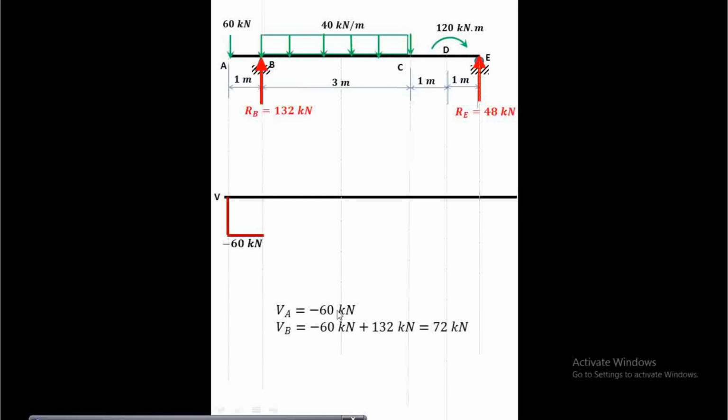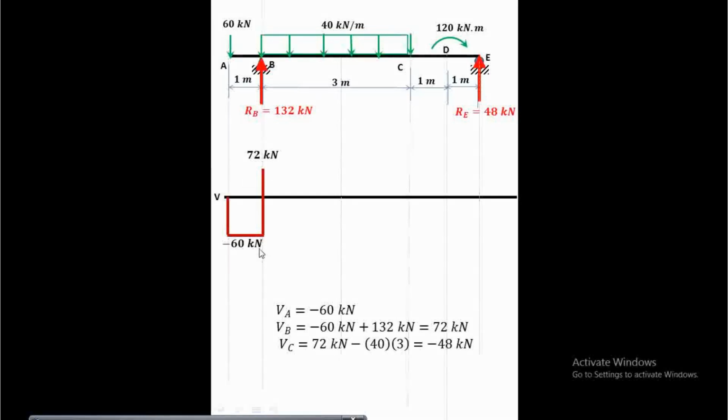Now, to determine VB, negative 60, since upward si 132, so I have to add 132 kilonewtons, and that is equal to 72 kilonewtons. Since upward siya, so mag-drawing lang ako ng line to connect negative 60 and 72 kilonewtons.